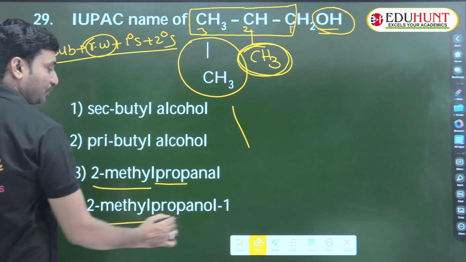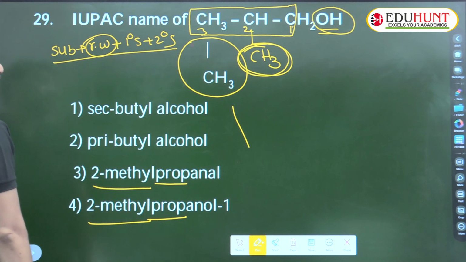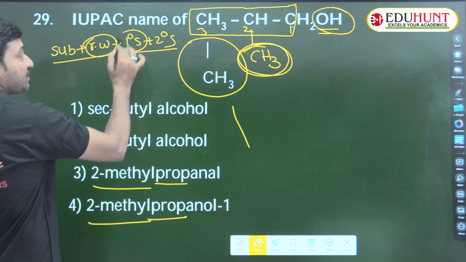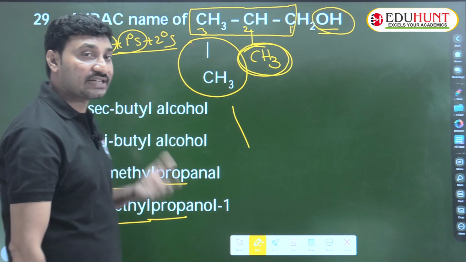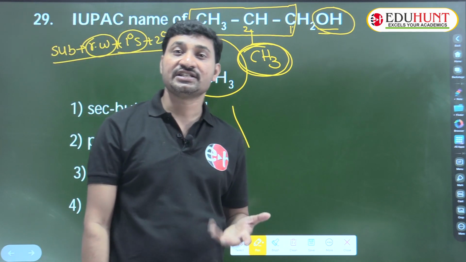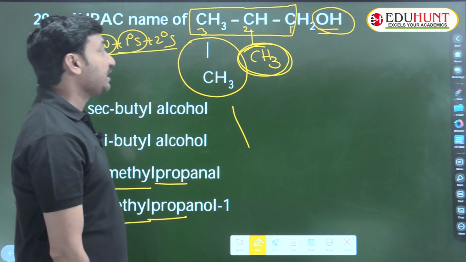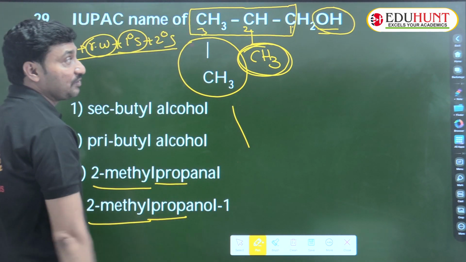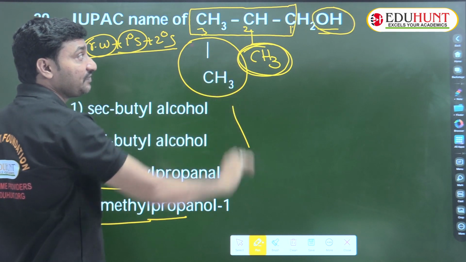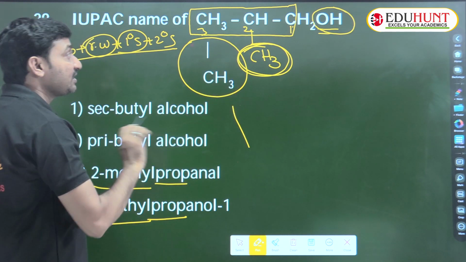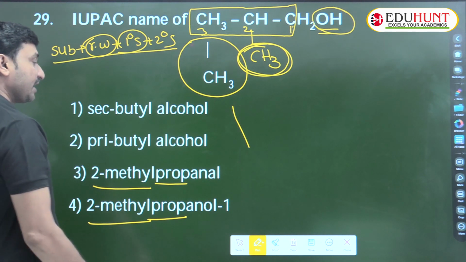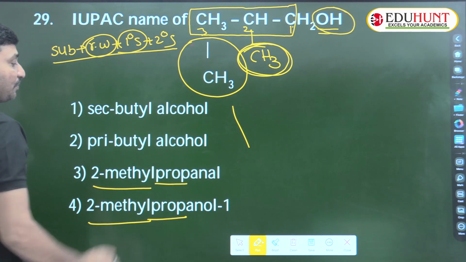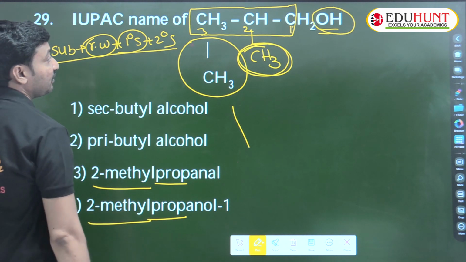Primary suffix always tells whether the compound is saturated or any unsaturation is present. Unsaturation means multiple bonds. No multiple bonds between the carbon atoms, so saturated compound only. Saturated means ane, right? Propane. 2-methylpropane.